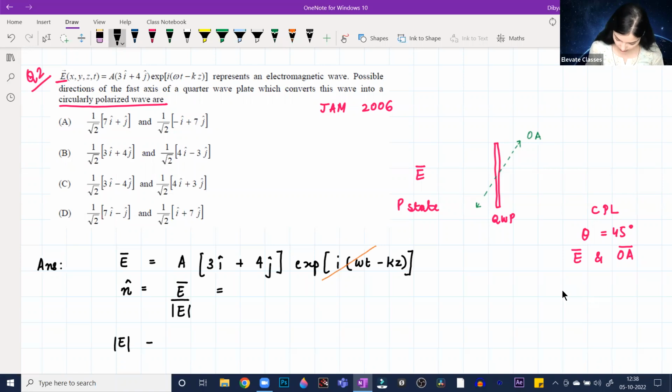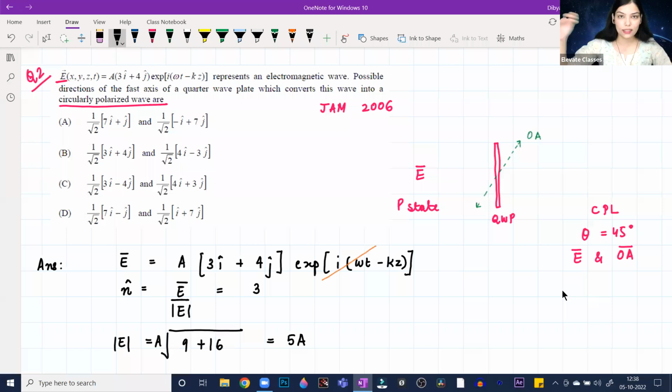So mod of E is 9 plus 16, that is 5. Okay, so my E field is like a direction vector, a unit vector, which would be 3 by 5 i plus 4 by 5 j.